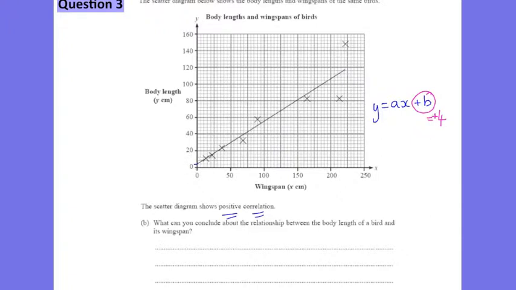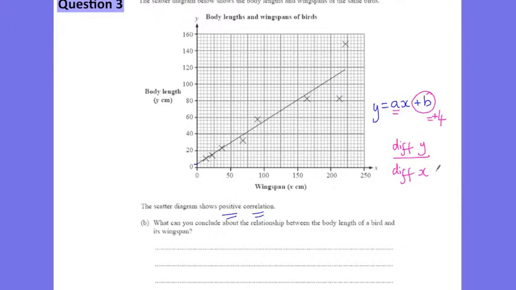Then moving on to finding the gradient. Again, the gradient is found by taking the difference in y and dividing by the difference in x. Also can be expressed as the change in y divided by the change in x.